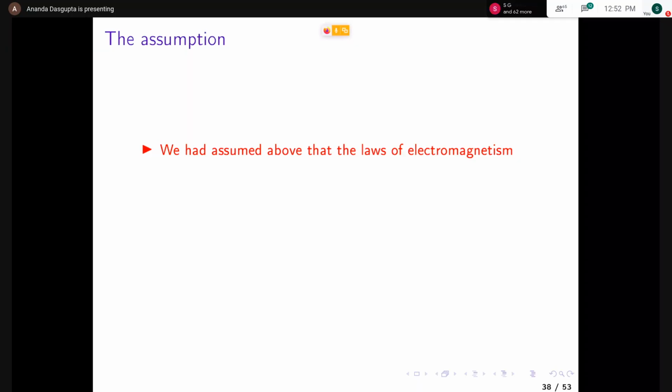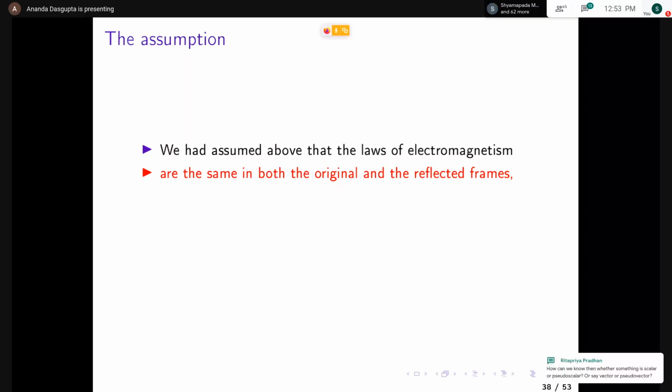So the assumption that we had made here, we had actually made one big assumption in the previous slide, is we had assumed above that the laws of electromagnetism are the same in the actual world and the mirror world. So in the original and reflected frames, or original and parity changed frames, they were the same. That's why we said, since F is becoming minus F, the right hand side also must pick up an overall minus sign.